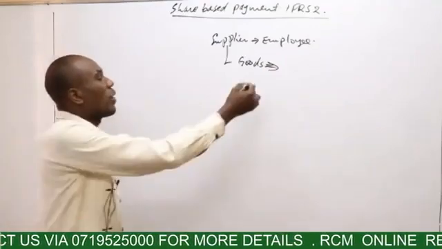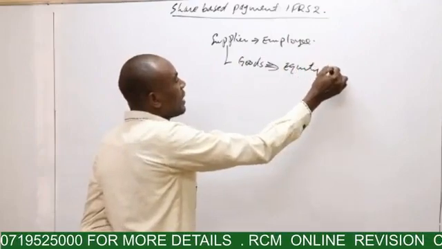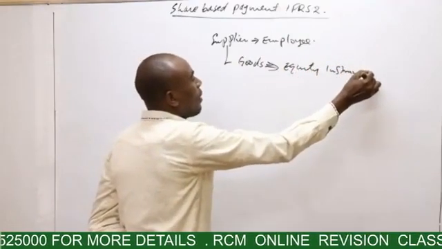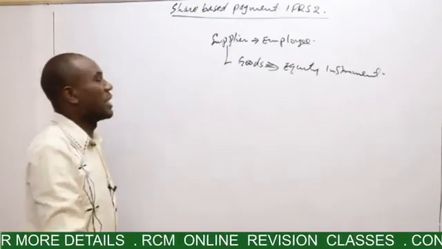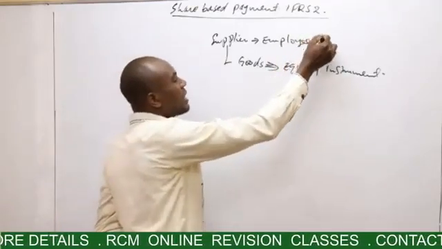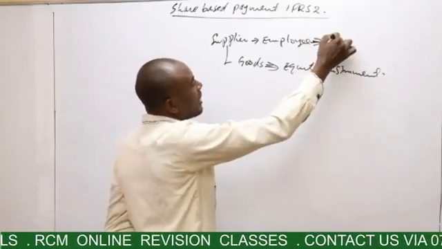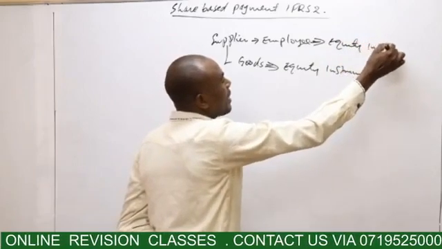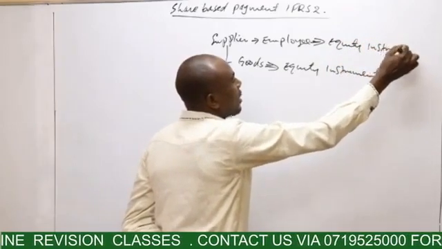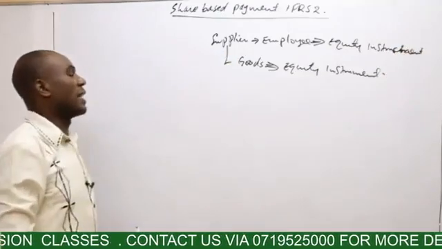You are being compensated by equity instrument of another entity. Or the employee is giving services, but now instead of cash, he is given an equity instrument of an entity.